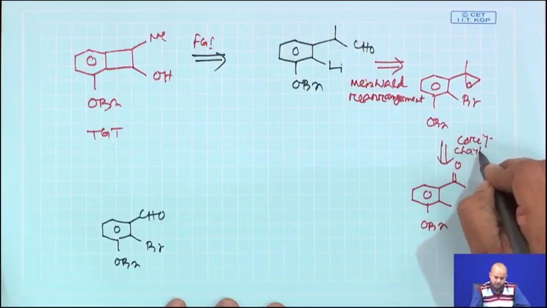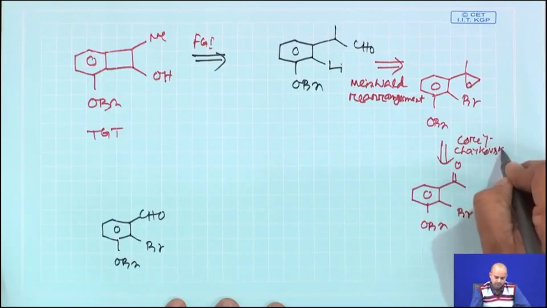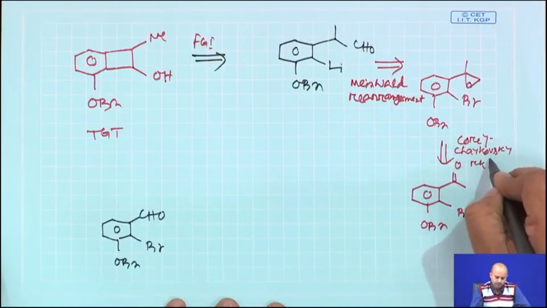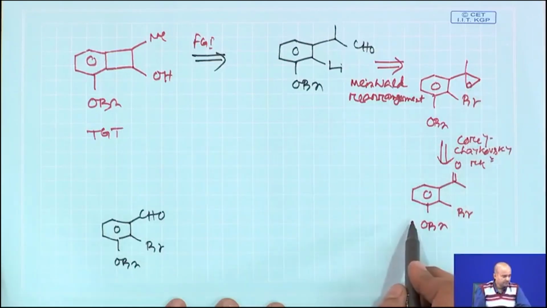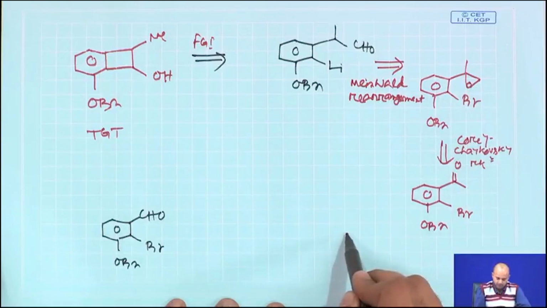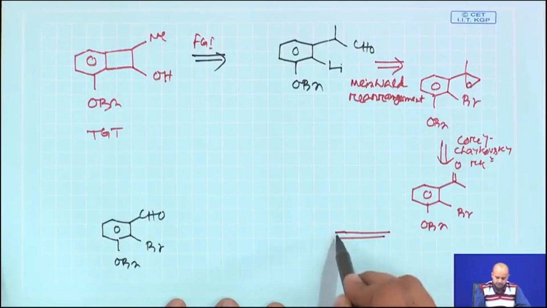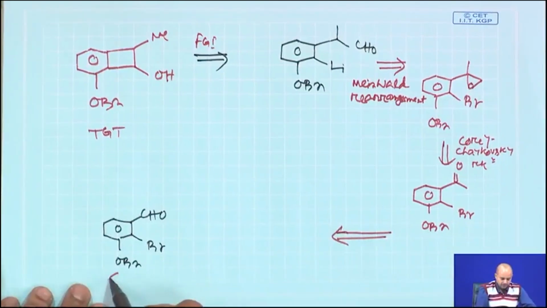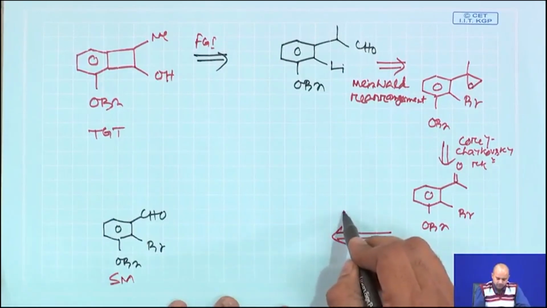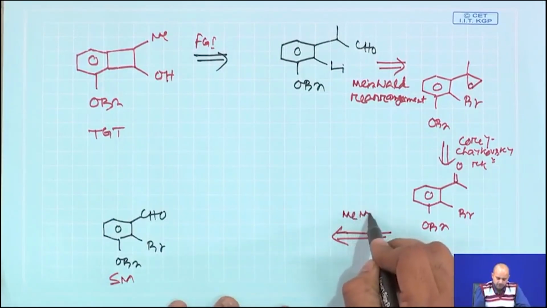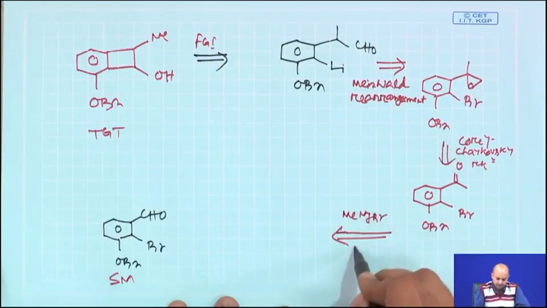So, Corey-Chaykovsky reaction of this ketone will give you this epoxide. Now, this is quite similar to the starting material. What basically you need to do is methyl magnesium bromide and oxidation, it is an FGI.